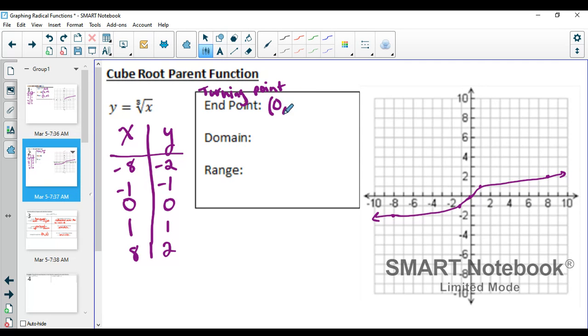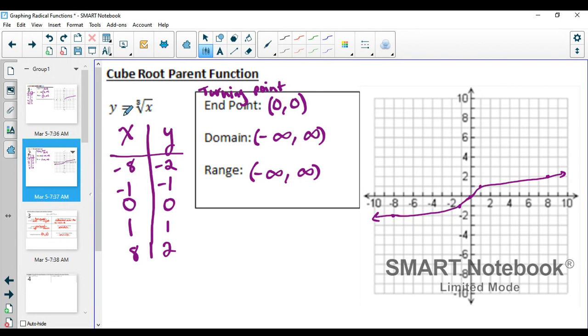So it's (0, 0) still. Now our domain is different because now we can go into the negative. So in this parent function, our domain is negative infinity to positive infinity, and our range now is also going to go down and involve the negative numbers. So it's negative infinity to positive infinity.